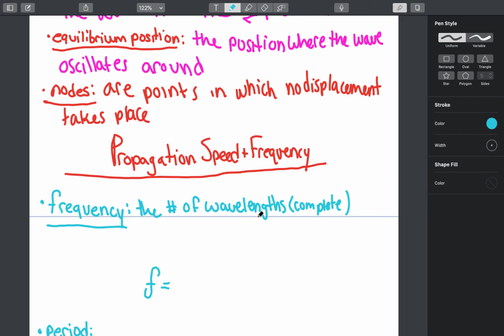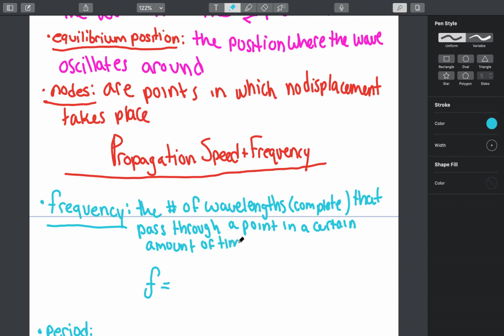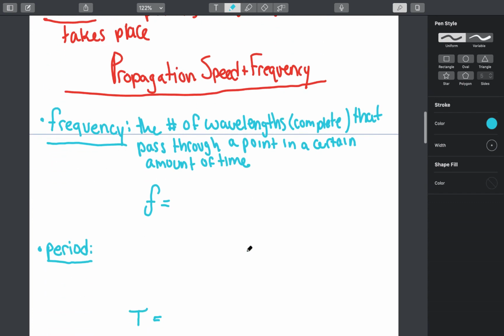The number of complete wavelengths that pass through a point in a certain amount of time. And the SI unit for frequency is often called Hertz, which equals 1/seconds.